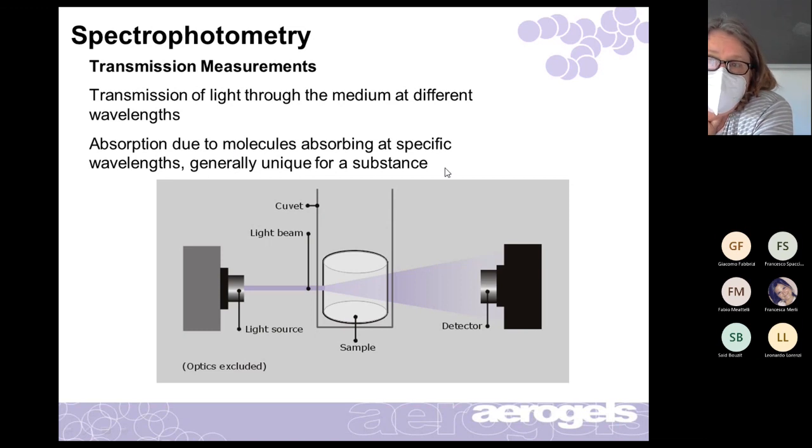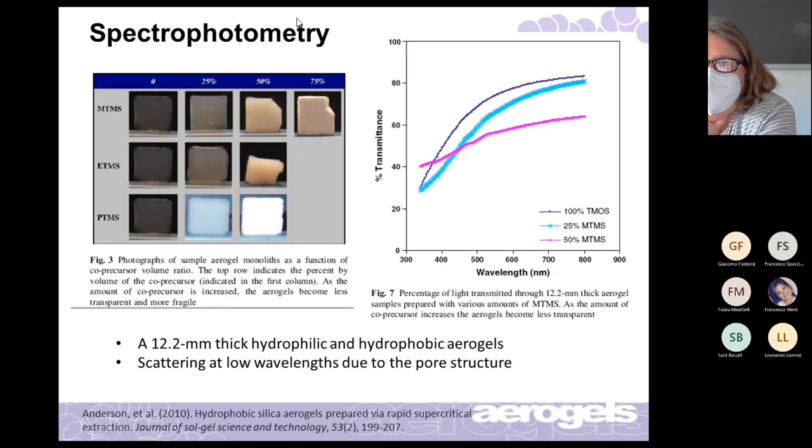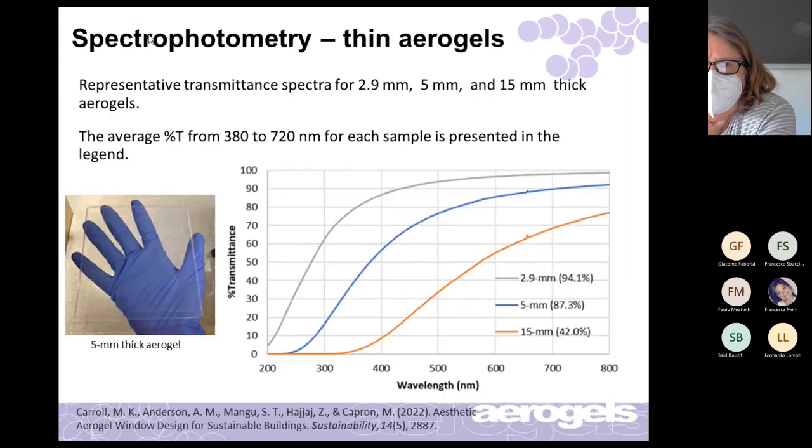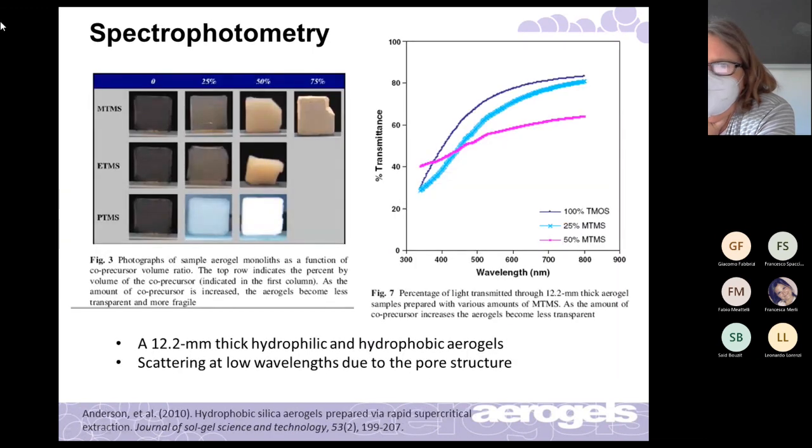For example, we've done some work. We tried to make more hydrophobic aerogels by combining the regular method of making them with methyl trimethoxysilane, ethyl trimethoxysilane, and phenyl trimethoxysilane.